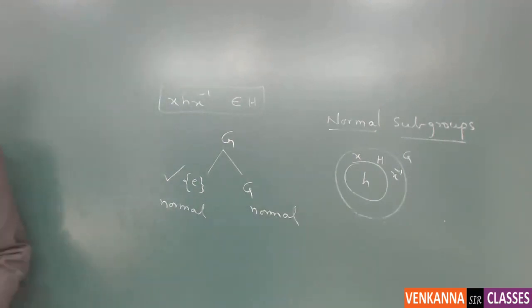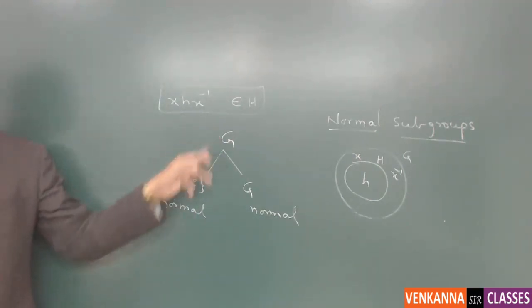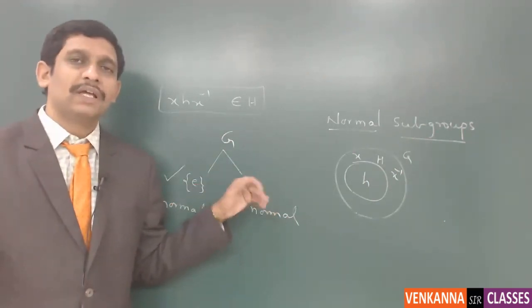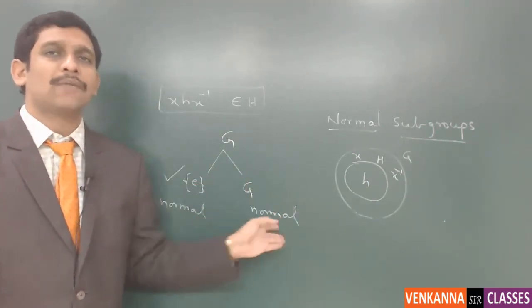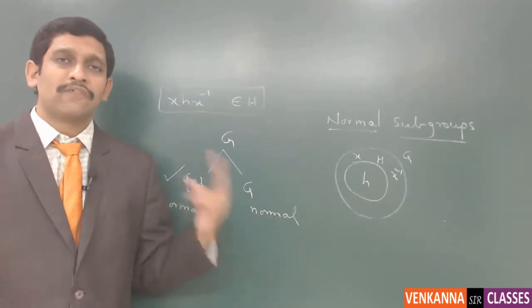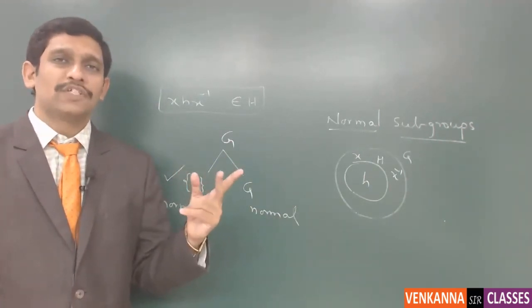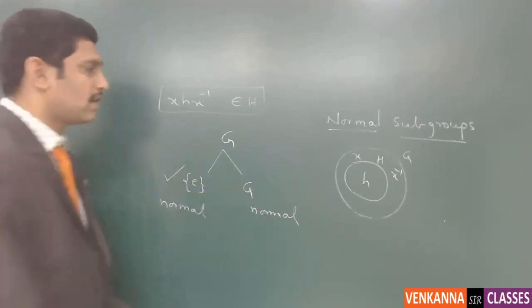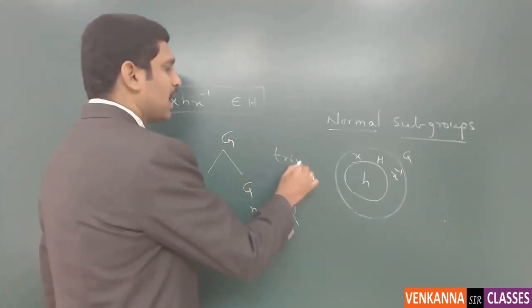So for every group, the default subgroups are nothing but identity and the group itself. They again become the normal subgroups. So for every group, there are two normal subgroups, identity and G itself. They are called trivial normal subgroups.